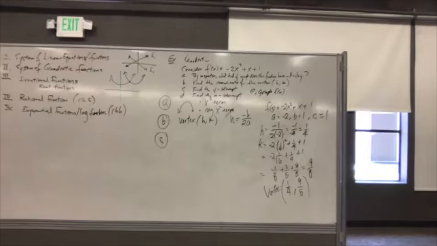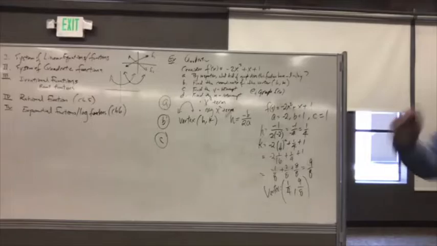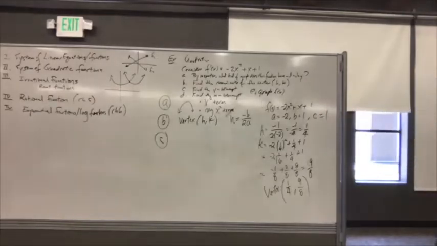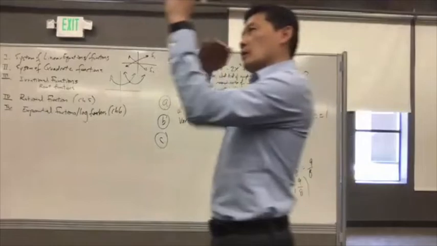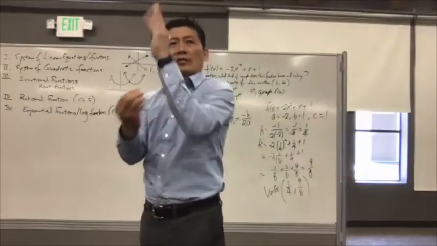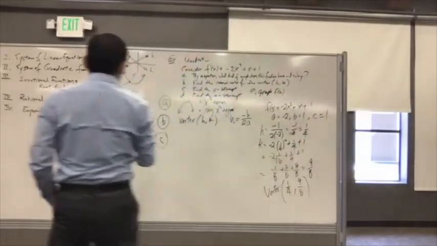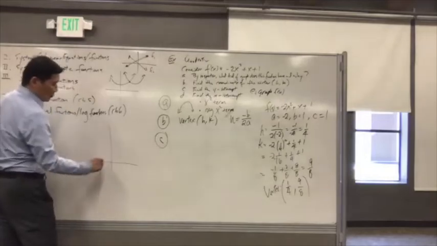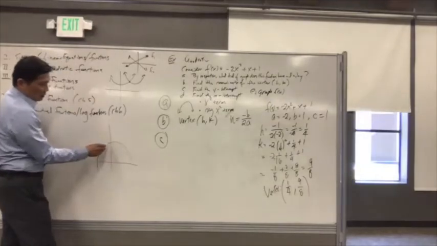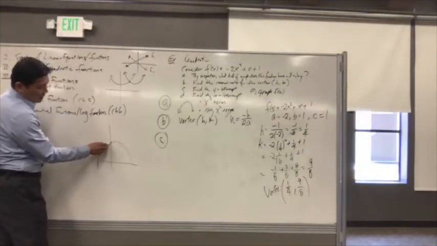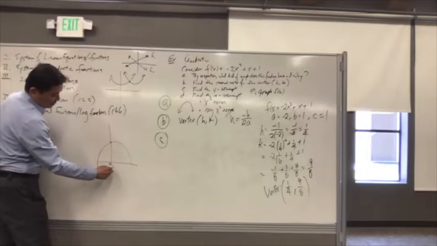Y-intercept is when x is equal to 0. The f of x crosses the y-axis, and when it crosses the y-axis, the x has to be 0. So if we imagine the graph goes like this, we need to figure out, well, what's the y-intercept?